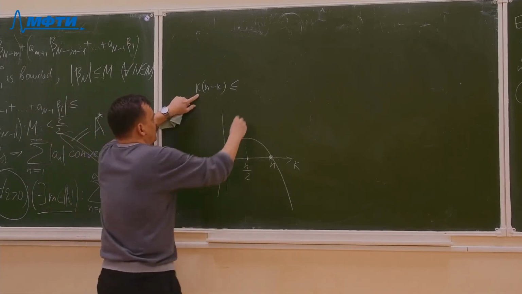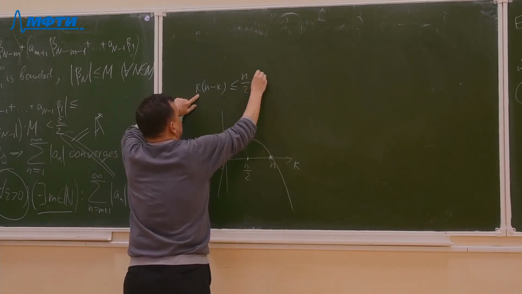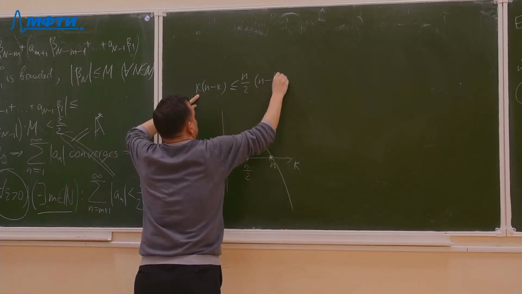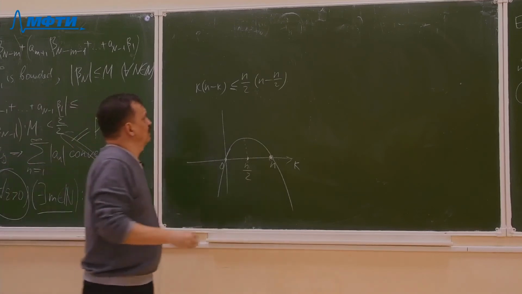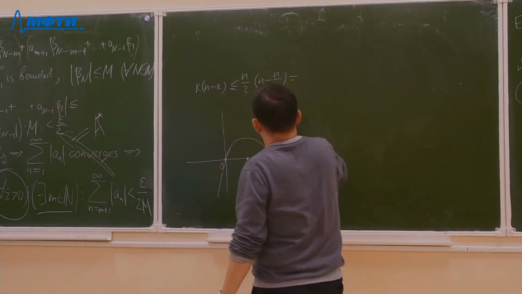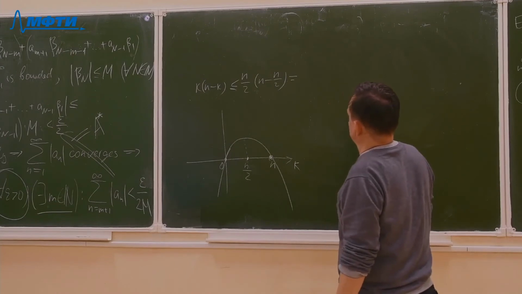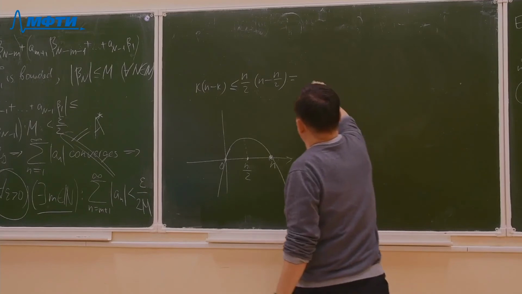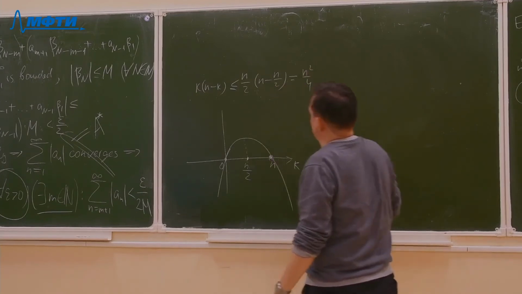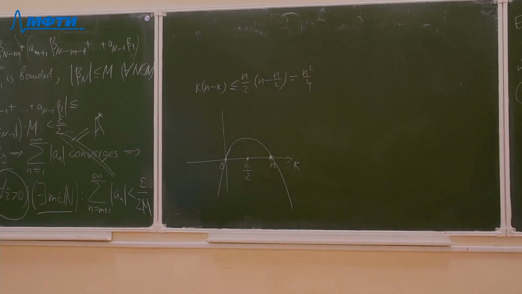So this value is less or equal than n over 2 times n minus n over 2, and that is precisely n squared over 4. That is the maximum of the denominator.